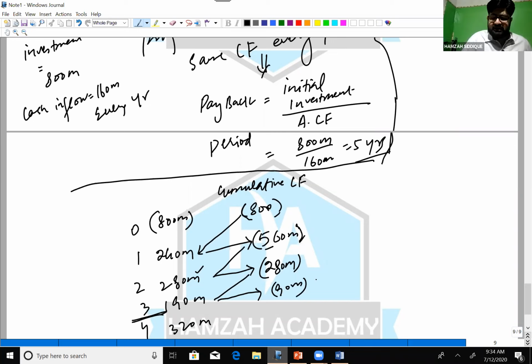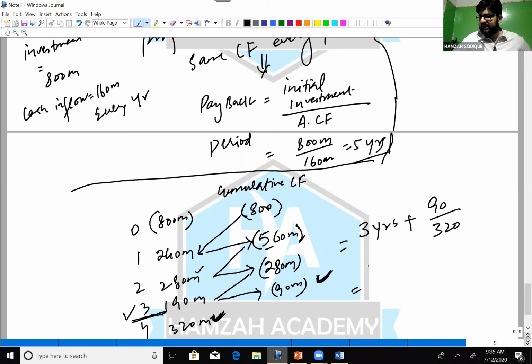And you see here, we need 90 now. How much is there in year 4? 320. It means part of year 4 will be utilized, not the full year 4, and our amount will be recovered. So the payback period will be 3 years full plus a part. Remaining we need 90, and in the year there are 320.